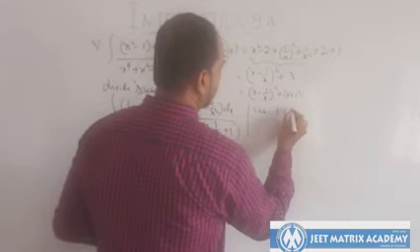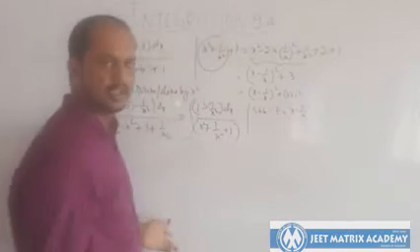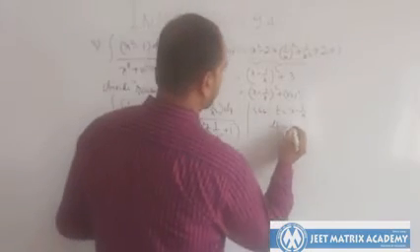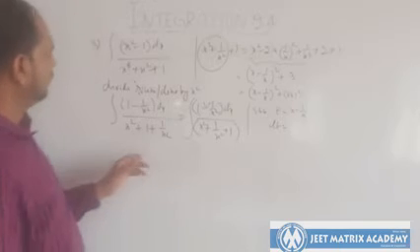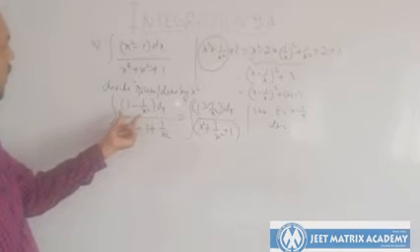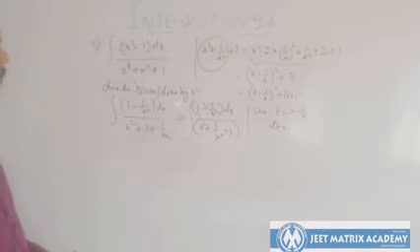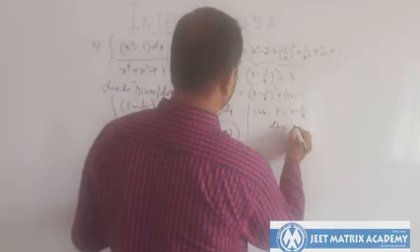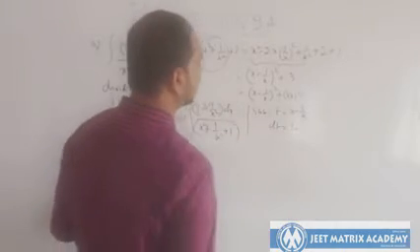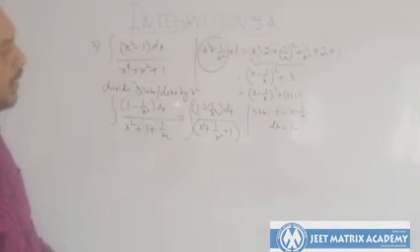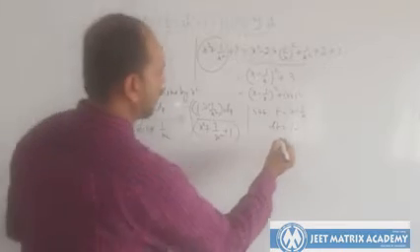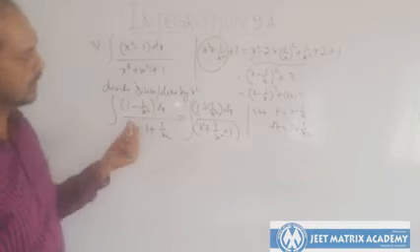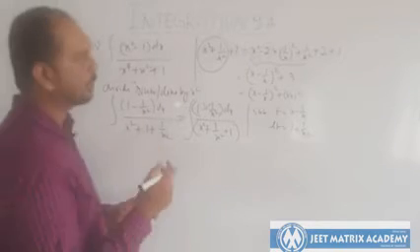Substitute t as x minus 1 by x. Rest of the thing is the same. dt equals, see here my requirement is 1 plus 1 by x square. Integration is 1 minus 1 by x square. But here my requirement is 1 minus 1 by x square. What am I supposed to do?